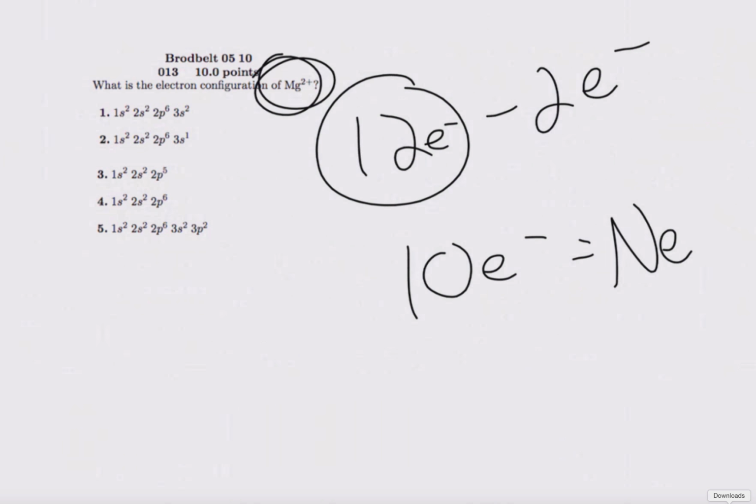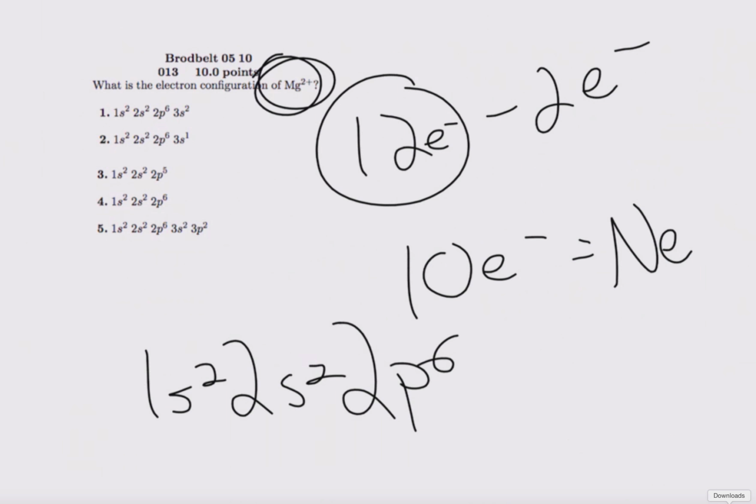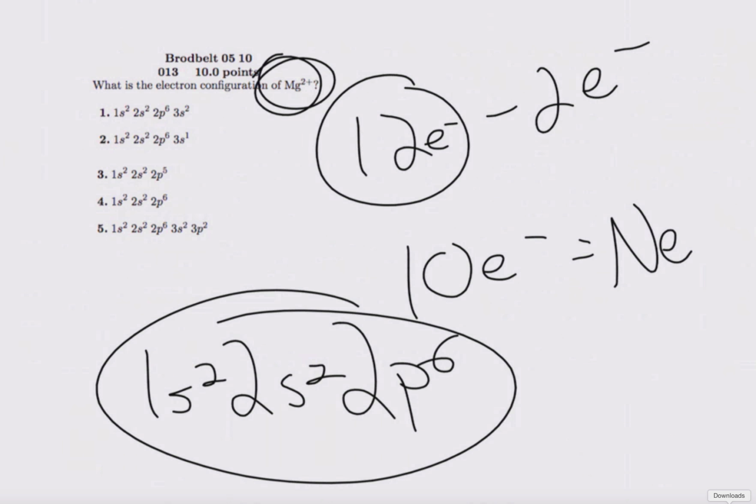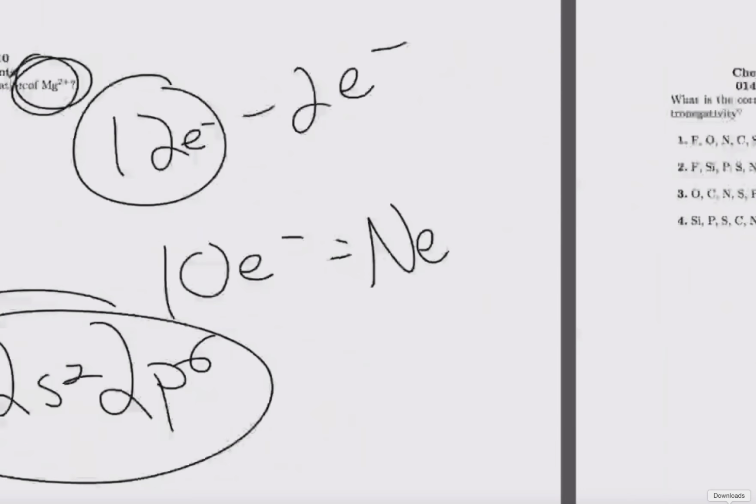So the first thing we need to do is look for 10 electrons total, and then we need to look at the ones that look like neon. Neon has a configuration of 1s2, 2s2, and 2p6 because it's got its whole second energy level filled. The only choice that matches that would be number 4.